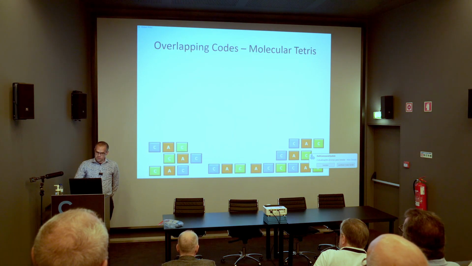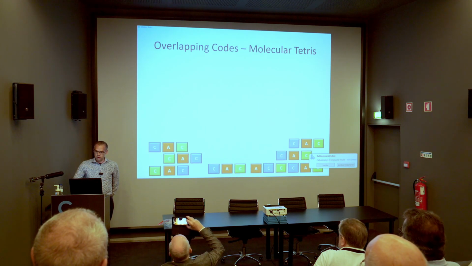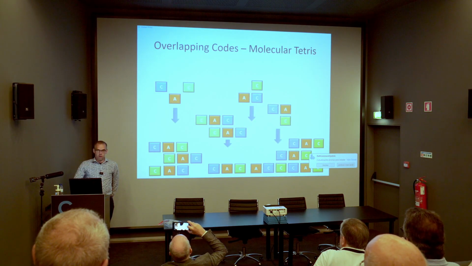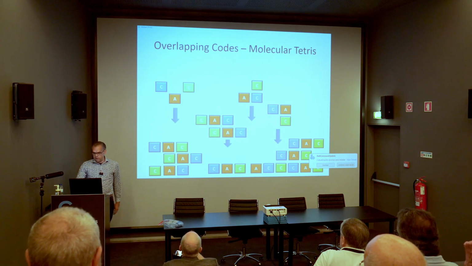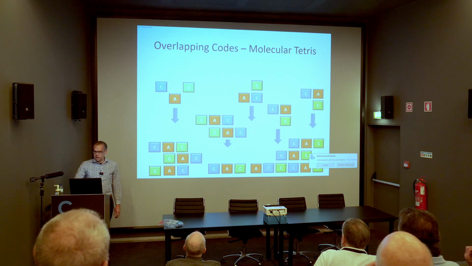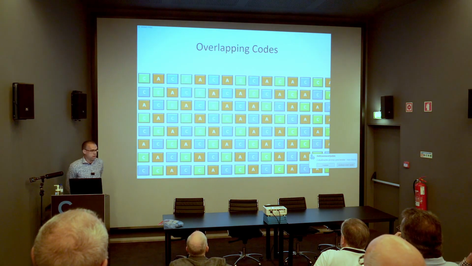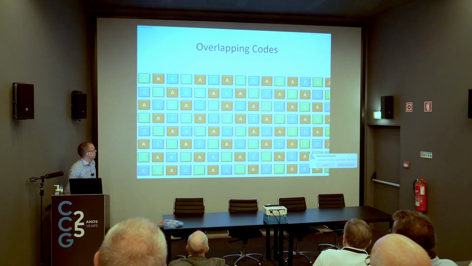And when we do this, we can play what I call molecular Tetris. We can check all the codes that are in a cell or in a system and see how they align. And we come up with something like this.